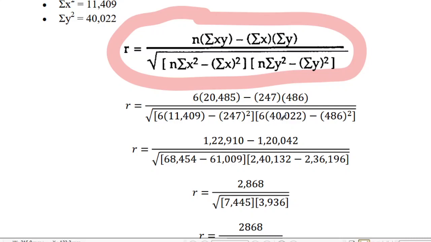So 6 into 40,022, that equal to 240,132 minus 486 whole square, 236,196.